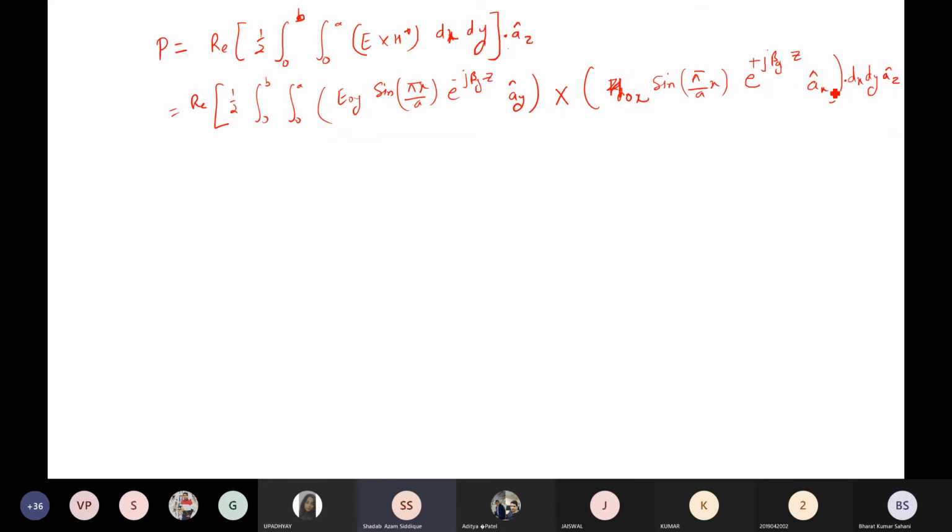We have ay and we have ax, so we get the az direction, and this az is already there. The az dot az product will be 1, so that vanishes. No issues.